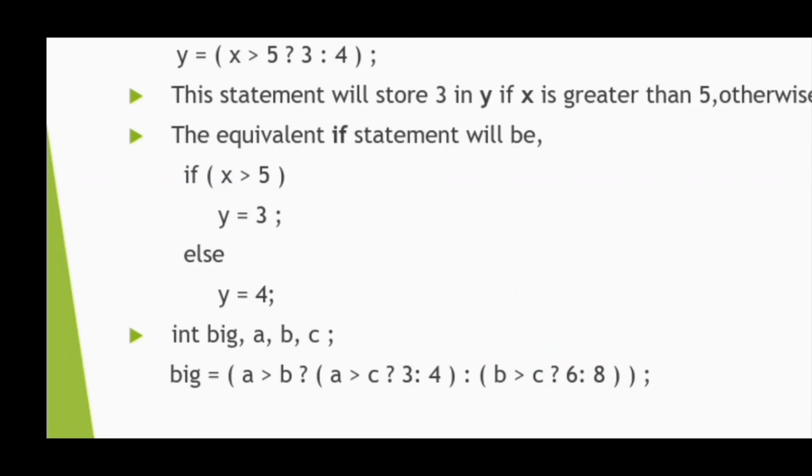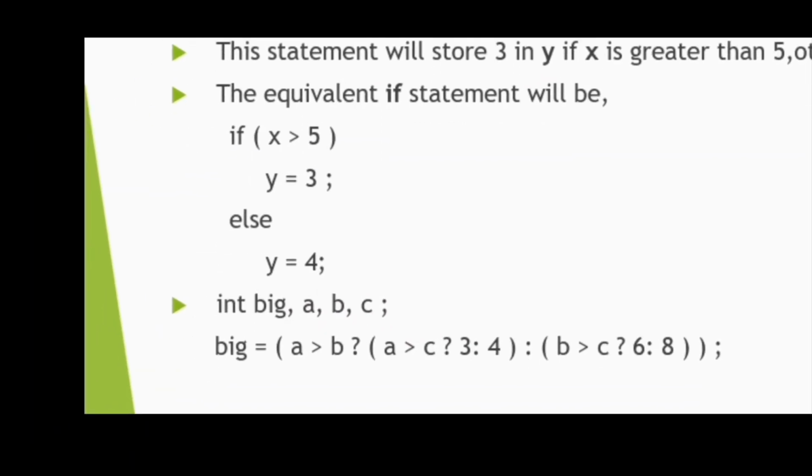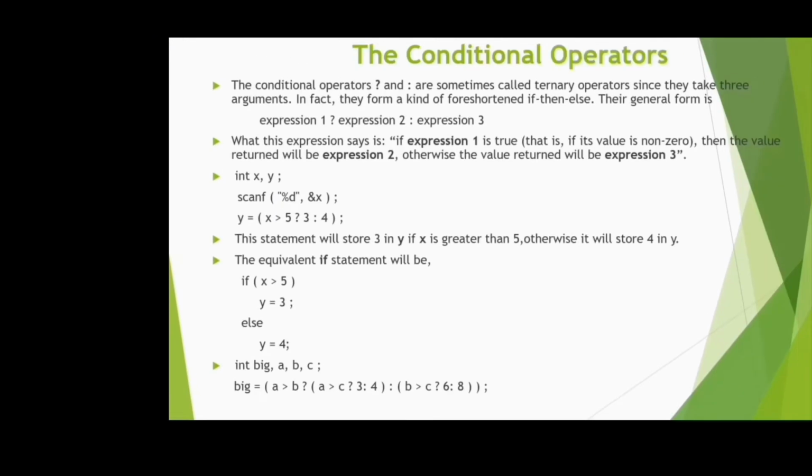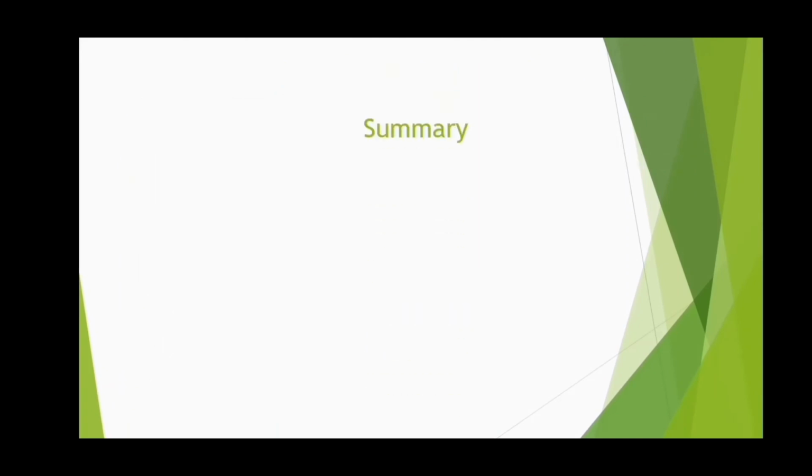So if a is greater than b, then this condition will be checked, and if it is true, then it will give 3 or 4. If expression 1 is false, then it will come to the third expression, and here it checks whether b is greater than c or not. If it is true, then it will give 6, and if it is not true, then it will give 8.